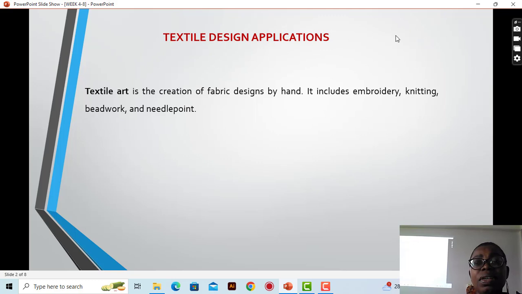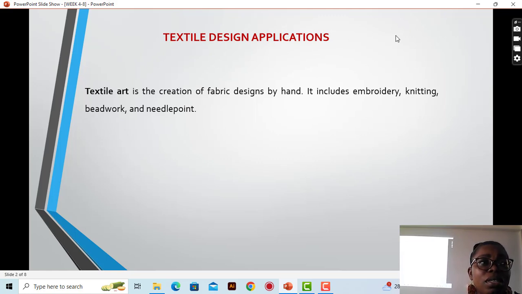So, with the first lesson, we have learned about what textile is, the textile design methods that we have, the unit to repeat, how to repeat a design to make a fabric. We have done the theory part of all that. And the second part of the theory is about textile design application.